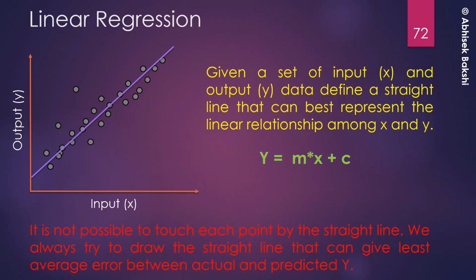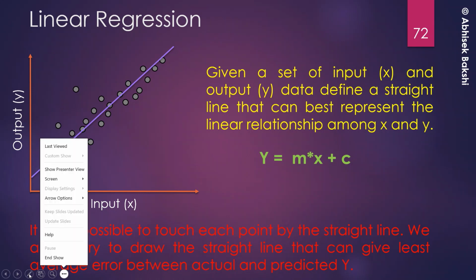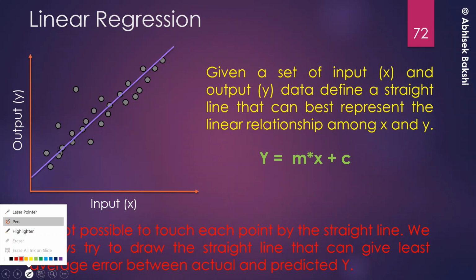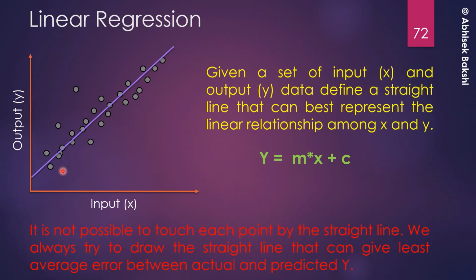So let's start. Just assume a scenario where you have a set of points given as an example, something like what you can see here. Okay, let me get this highlighter. What you can see here is that these dots are at different points, with some input and some output, and assume that we have only one input and only one output.